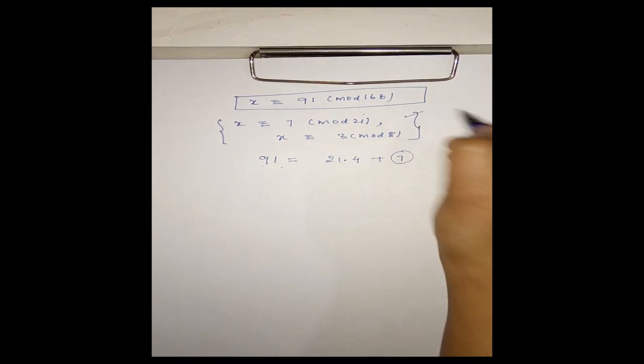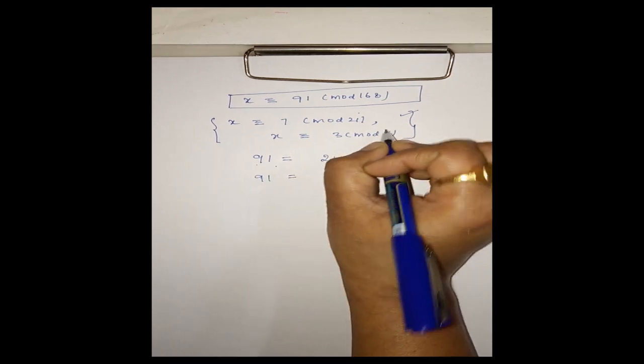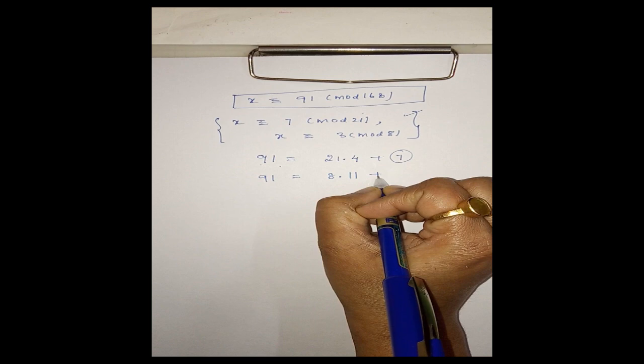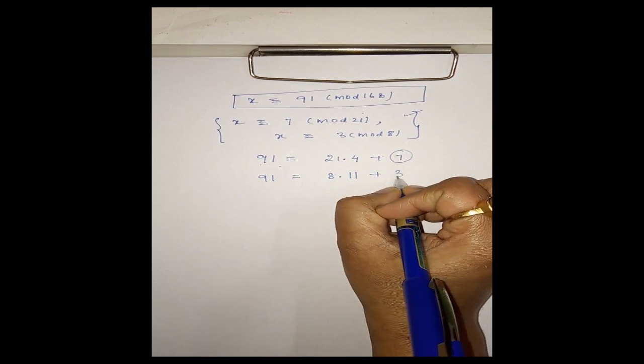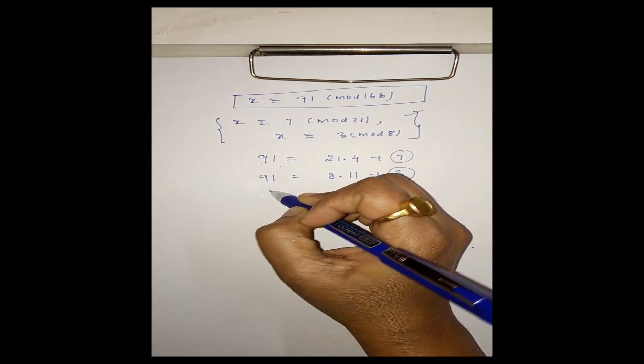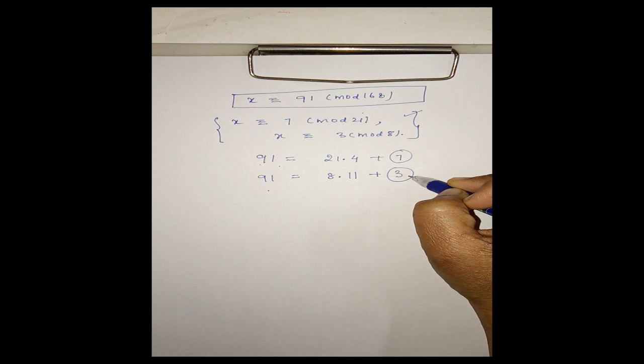Okay, first is satisfied. Now second, now on dividing 91 by 8, we have 8 into 11, 88 plus 3. That means on dividing 91 by 8, 88 plus 3. That is 3 is the remainder.